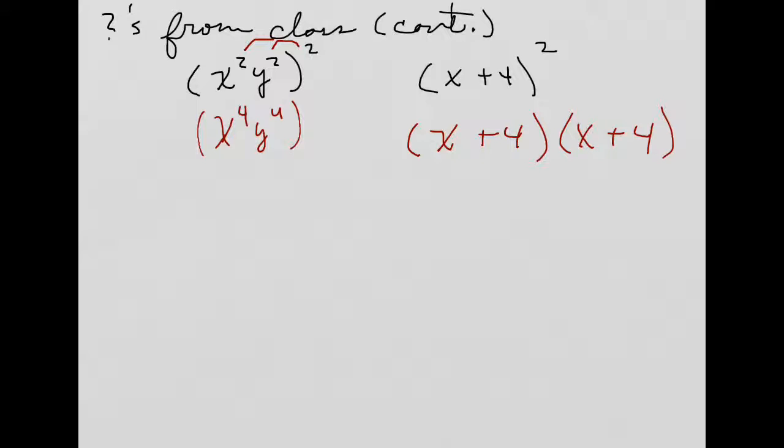And this is when you do your FOIL method, which is your first term times your first term, and then your outer term times your outer term. Let me actually use a different color for that. We'll change colors on this. So we're going to do our first term times our first term.